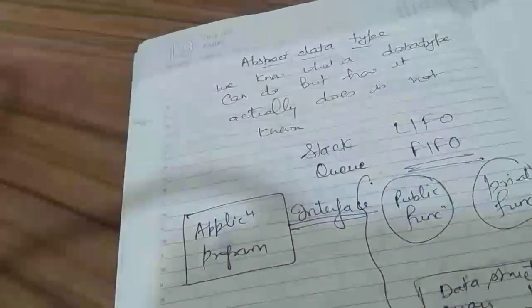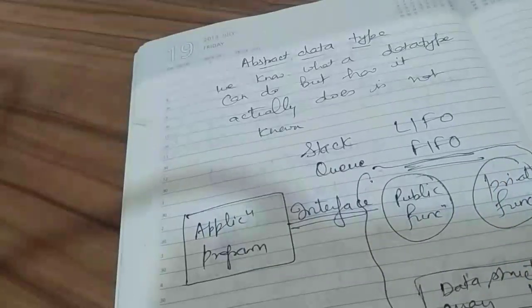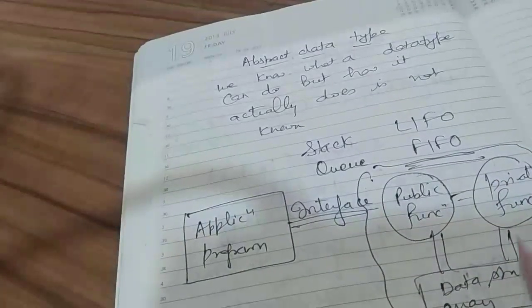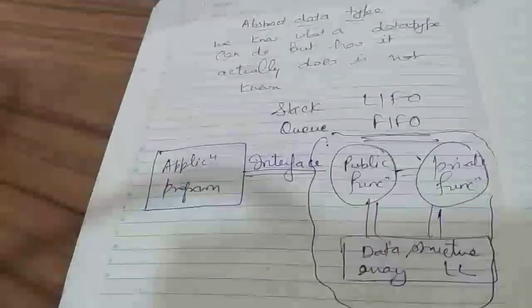So this particular part is abstract to us: the public functions, the private functions, and the data structure involved.